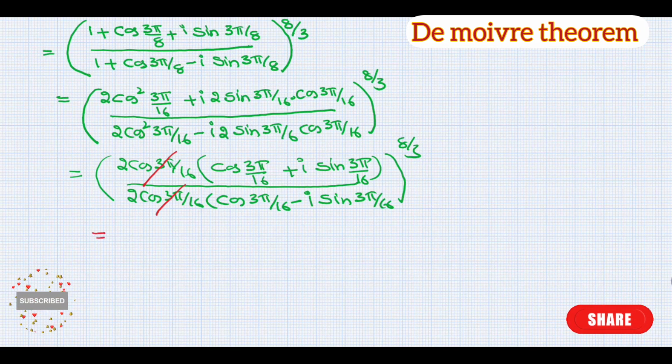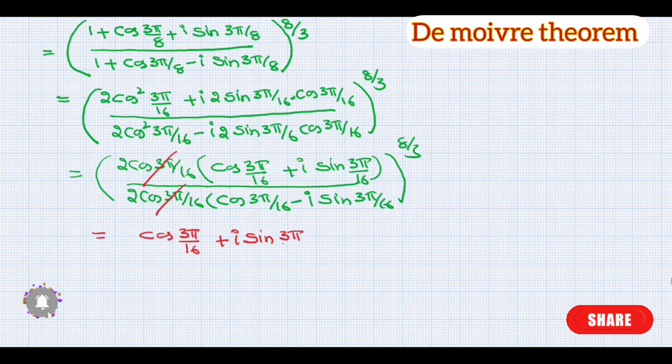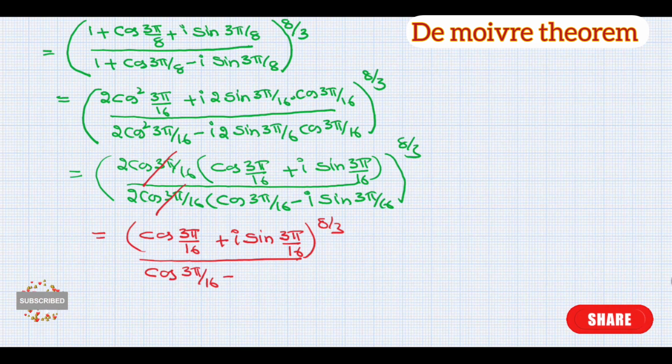Next, it is equal to (cos 3π/16 + i sin 3π/16) whole power 8/3 over (cos 3π/16 − i sin 3π/16) whole power 8/3.